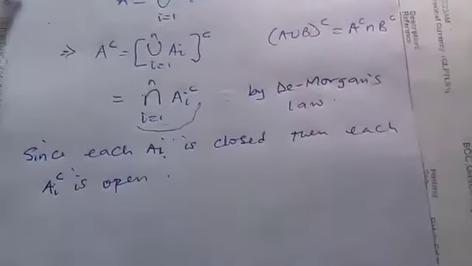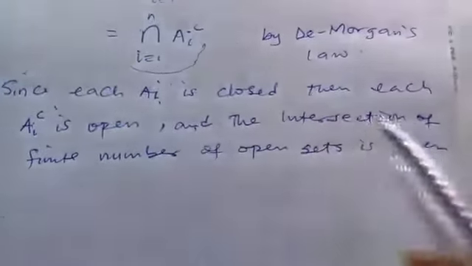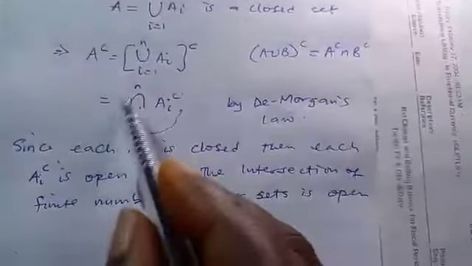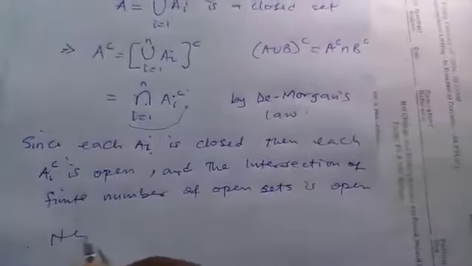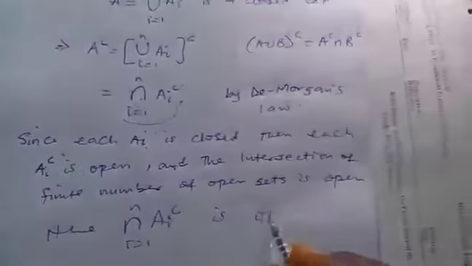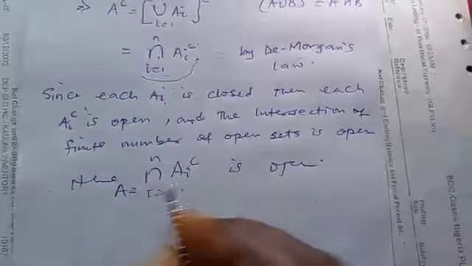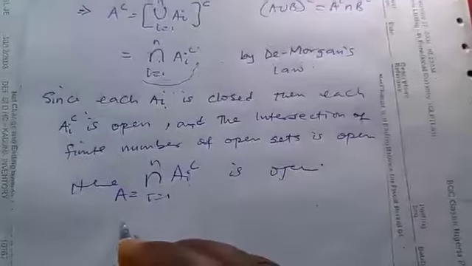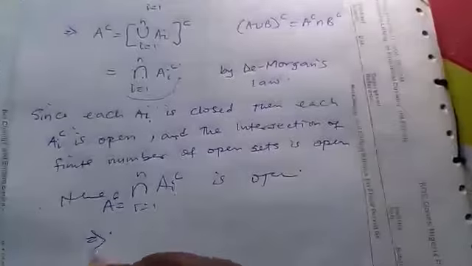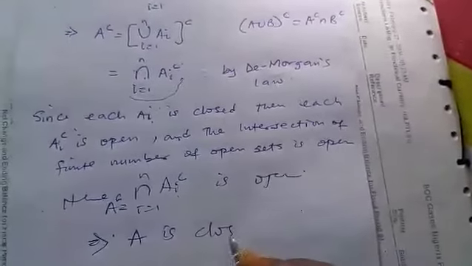So this intersection is open. This simply means that the complement of A is open. And if the complement is open, then definitely A is closed. And that completes the proof.